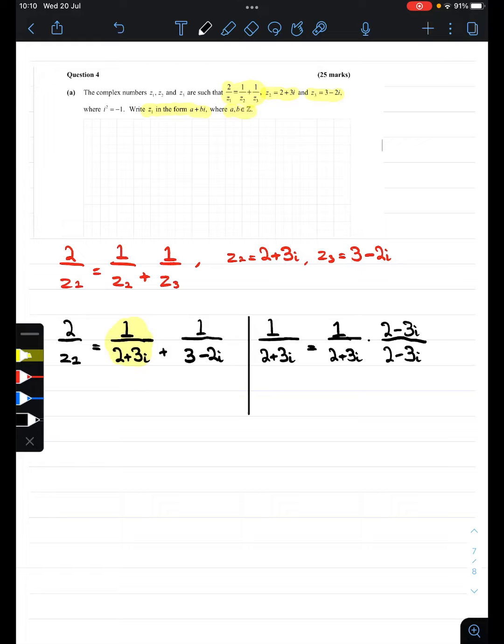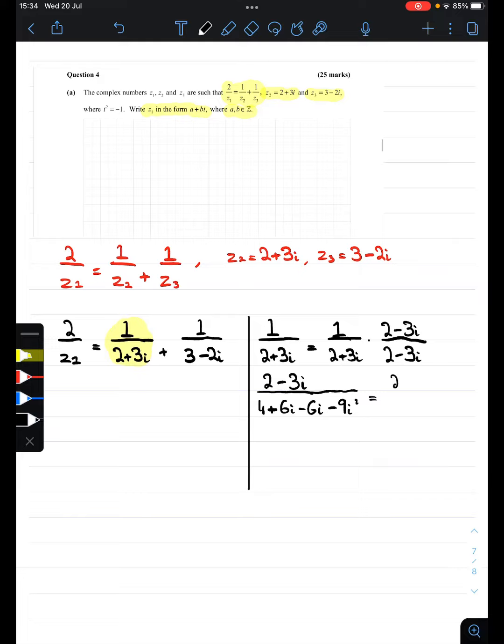So we're basically just saying 1 over 2 plus 3i is the same as 1 over 2 plus 3i by 1. Now if we multiply top by top and bottom by bottom, we get 2 minus 3i all over, bottom by bottom, 4, bracket by bracket, 3i by 2 is 6i, minus 2 by 3i, minus 6i, and then 3i by minus 3i is minus 9i squared.